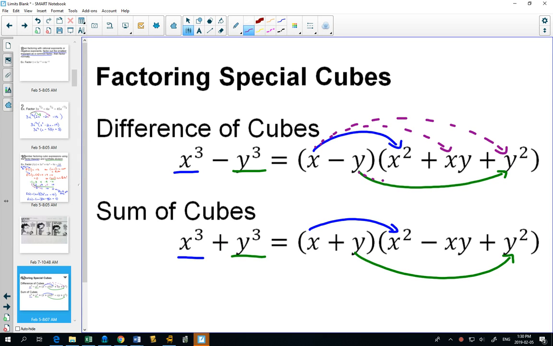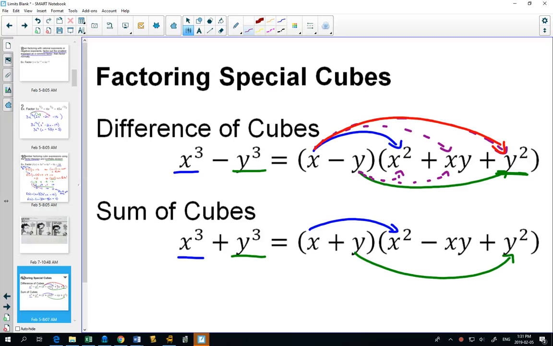This y would also hit the x squared, and it would also hit the xy. So if I've already figured out that this has to be y squared, what's going to happen when my x hits that y squared?